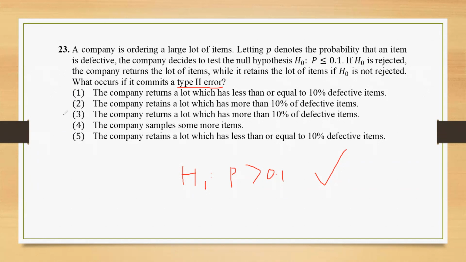If you know the meaning of type 2 error, it means we accept the null hypothesis when the alternative hypothesis is correct. So here the alternative hypothesis is p greater than 0.1. That is, H1, the alternative hypothesis, says there are more than 10% defective items. So what do we do at that time? We retain the lot.